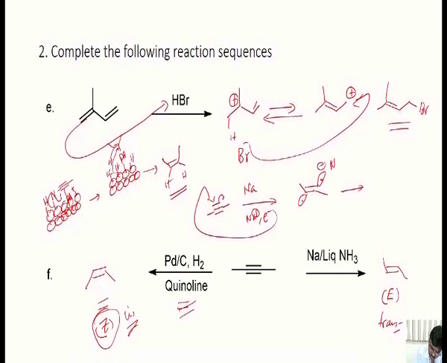Once you form the radical anion, it can take a proton from the ammonia solvent, the basicity of this anion is higher compared to this ammonia.